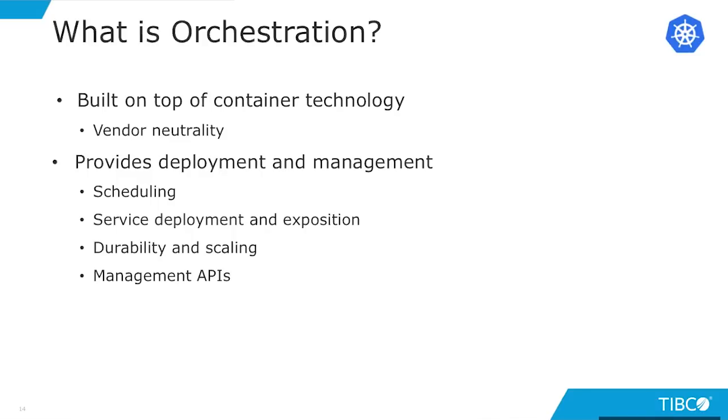They're managing the exposition of services, meaning exposing the services from each of these microservices, scaling, and durability, meaning they can make sure that each service is always available. If a number of the containers in which that service is running go down, it creates new ones immediately, so you don't lose that part of the service. And it allows you to remotely manage what's going on through this one interface that's provided by this orchestration layer.